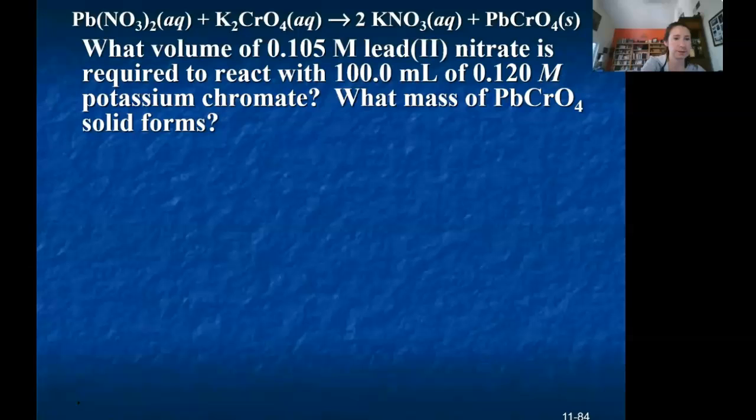Let's do this in yellow. Okay, so what do we have? 0.105 molar lead nitrate. And then we have 100 milliliters of 0.120 molar potassium nitrate.